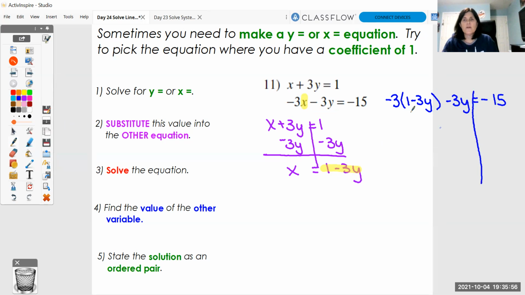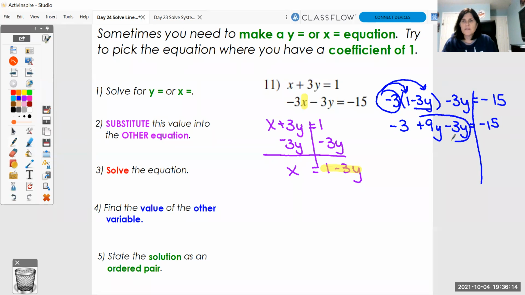Now I only have one variable, and I can solve this by following the steps we learned over the last month. -3 times 1, -3. -3 times -3y, positive 9y, minus 3y equals -15.